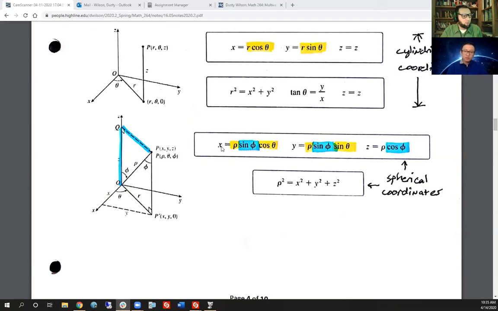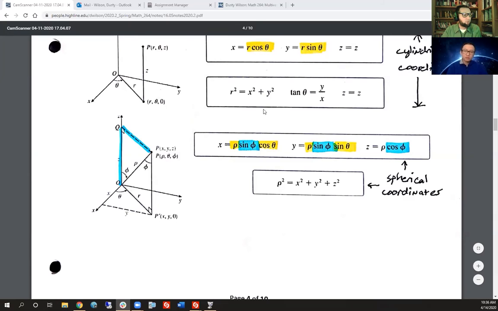What I would like to point out is that x is equal to rho cosine theta and y is equal to rho sine theta, and those are direct parallels to what you had in polar coordinates and cylindrical coordinates.